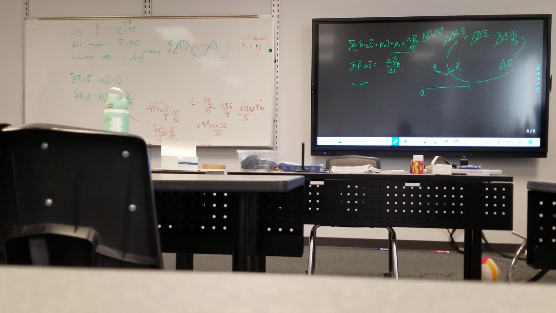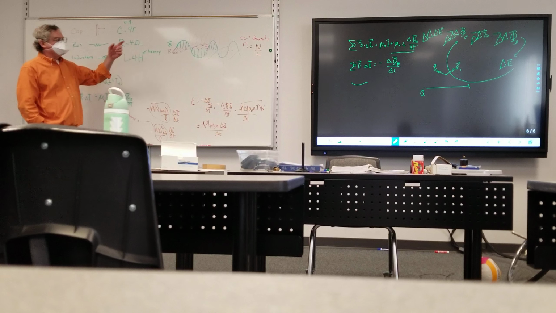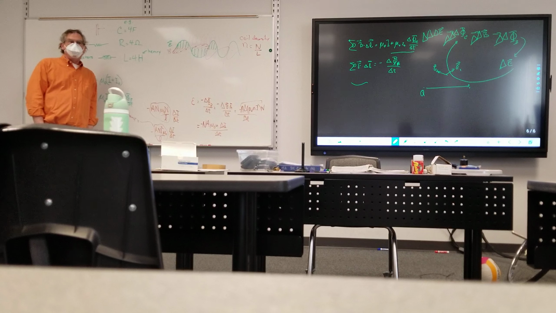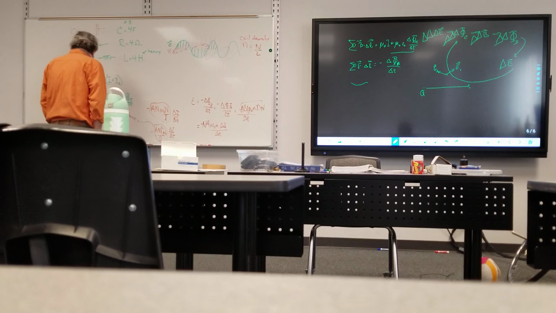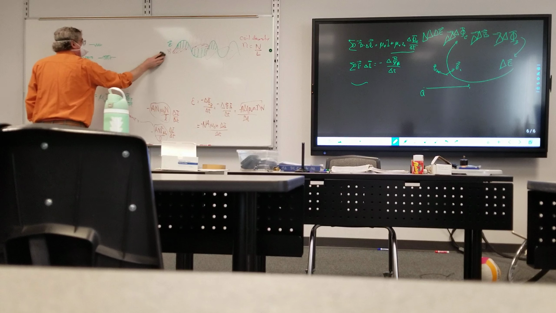So all I have to do is have a changing electric field and it will self-propagate. And the next step is to actually figure out how fast that wave is going, which we will do.